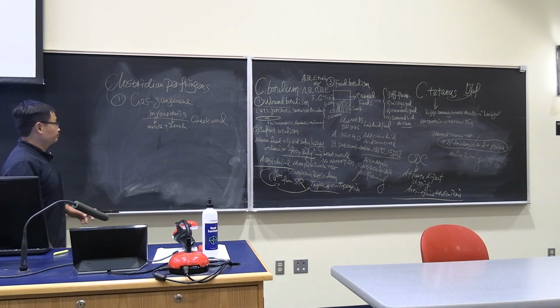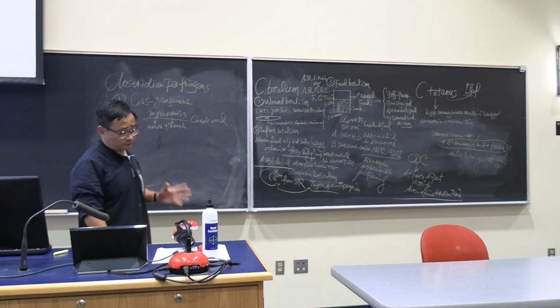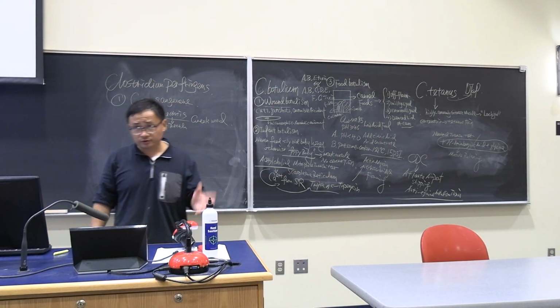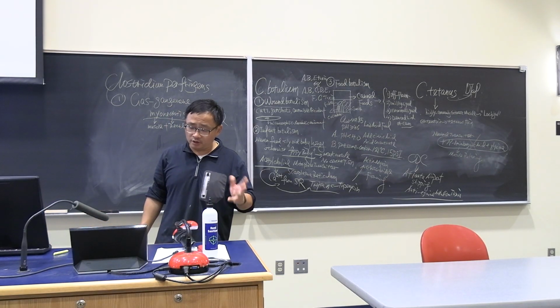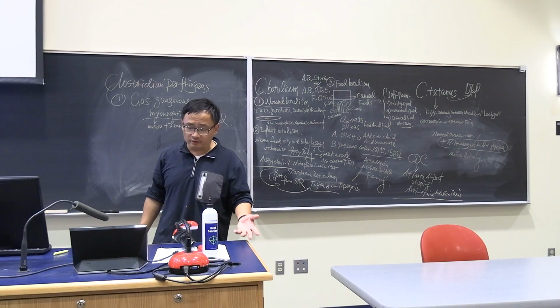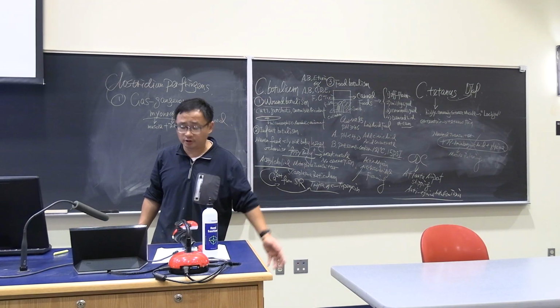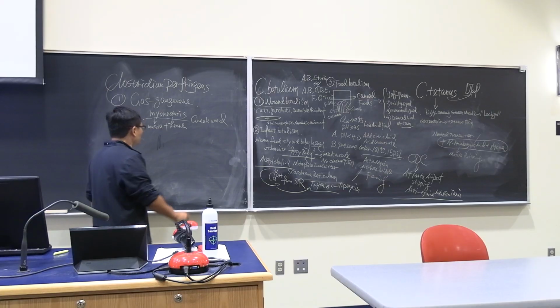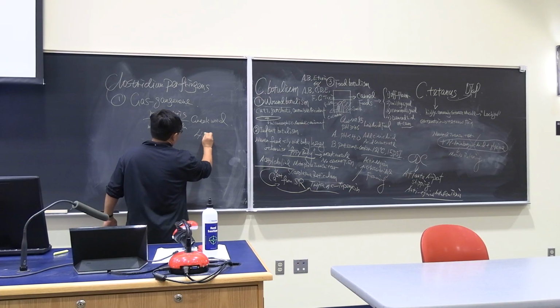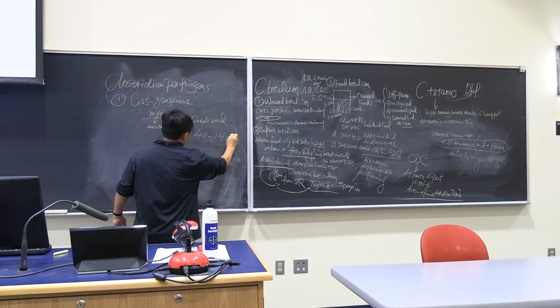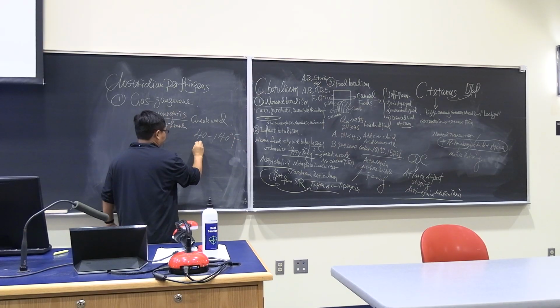What will happen? Clostridium perfringens usually comes from food that is abusively stored, which means it does not follow good temperature control. What we are talking about is this dangerous temperature zone.